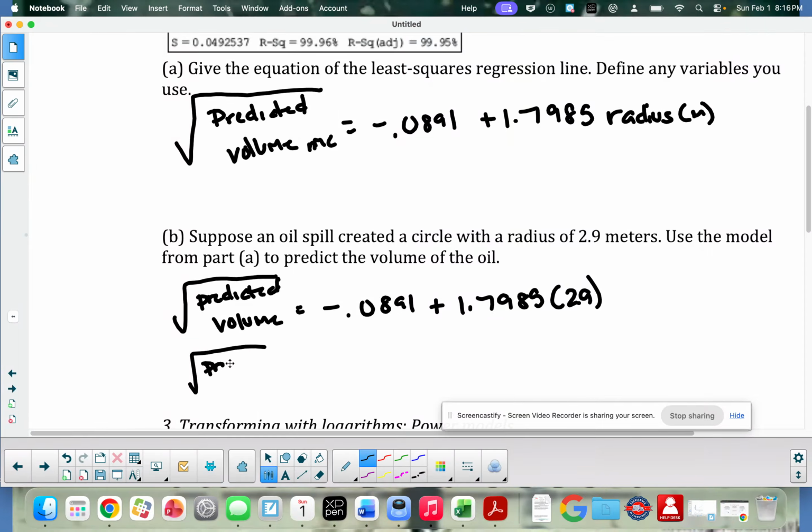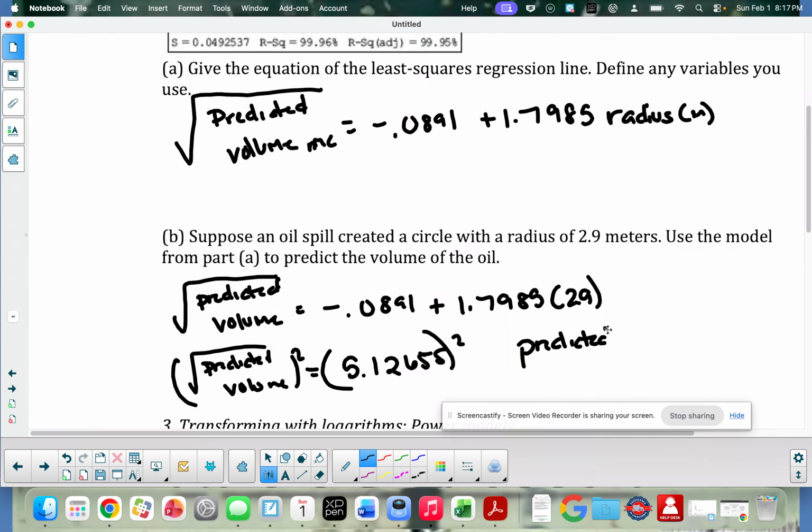But remember, please, that is the square root of the predicted volume. So how are you going to now go back and actually find the predicted volume? How do you undo a square root? You're going to have to square both sides. So that's the little difference when you've got a square root in there. I'm just going to go up and select it and hit squared so I don't have to round afterwards. All right, so now my predicted volume is 26.2815 milliliters.